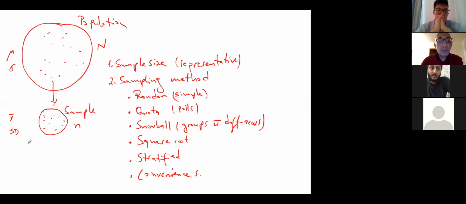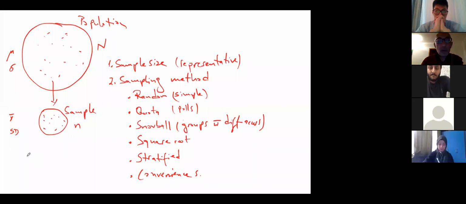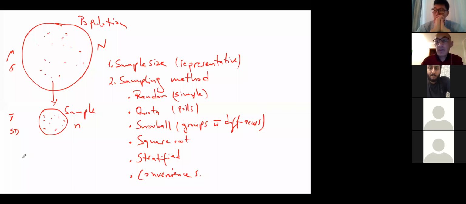So there was a way to calculate this error of sampling. Do you remember what we called this parameter? It was the standard error of the mean.